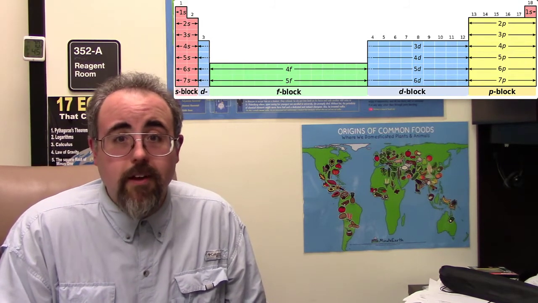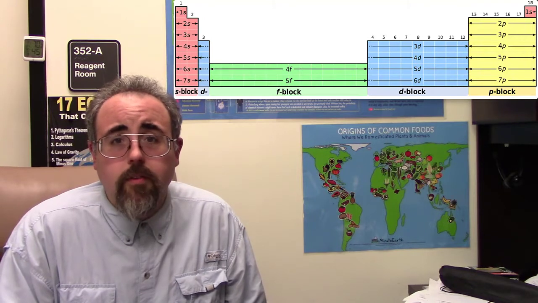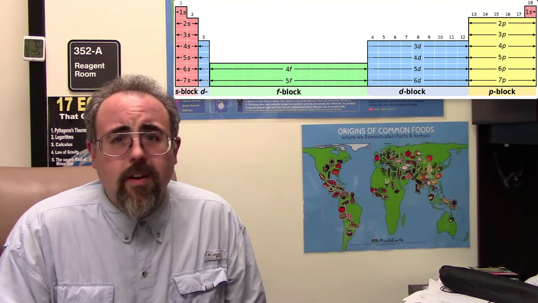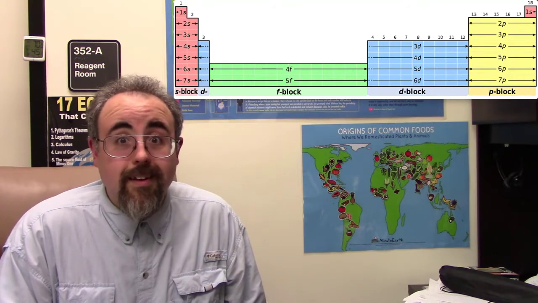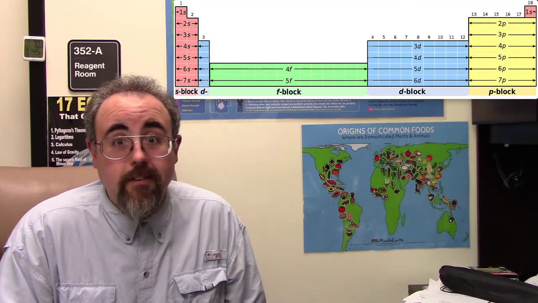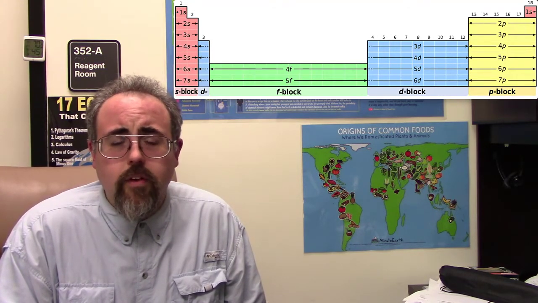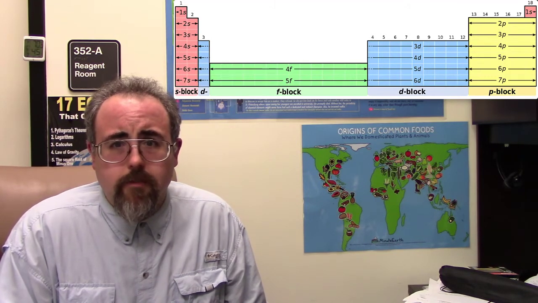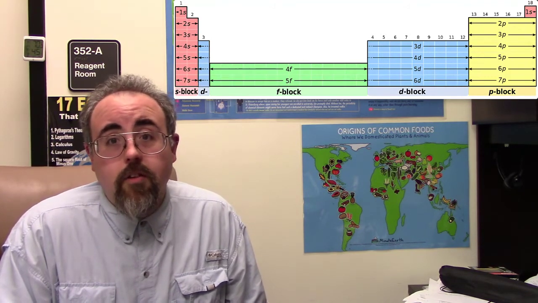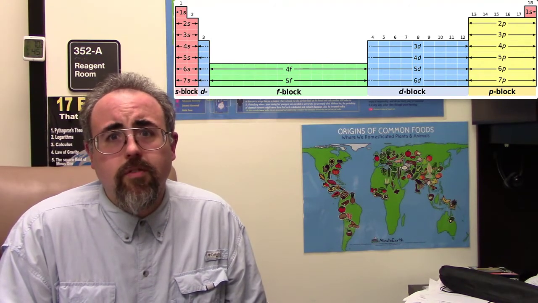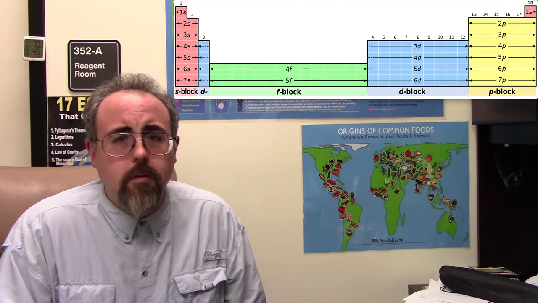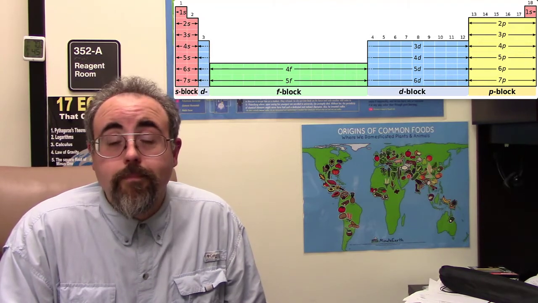On the bottom, we have the F block, and you guessed it, that's the F orbitals. Now, I'm generally going to try and stay away from the F block because they have a lot of exceptions, as in there are more exceptions to the rules I'm about ready to tell you in the F block than there are not exceptions. So let's just ignore the F block altogether. Another quick point. Lanthanide and actinide, those are actually D block. It's going to make things a little bit interesting when we get down low.